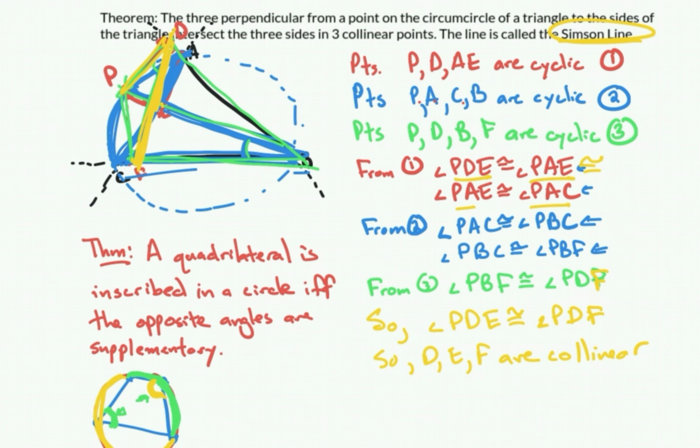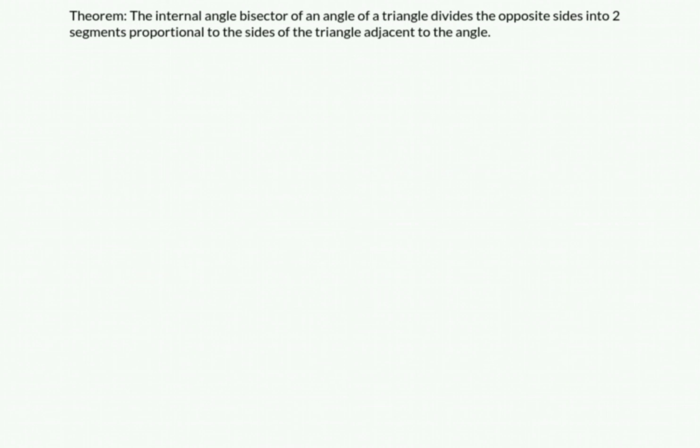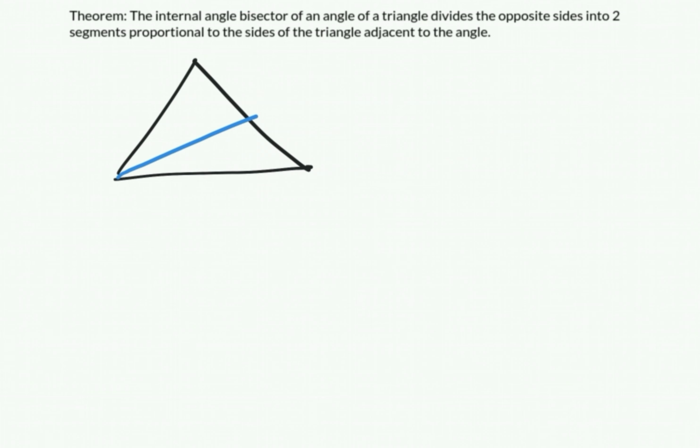Now that we have that, I want to talk about one final theorem that is very useful in dealing with several different things. One that we didn't show in GeoGebra, but I just want to illustrate it here, and then I'm going to refer you to the proof, which is in your textbook. Okay. So if we have a triangle, like so, the claim here is that if I bisect any internal angle, okay, so let's say we have this A, B, C, and then it's going to intersect at D over here.